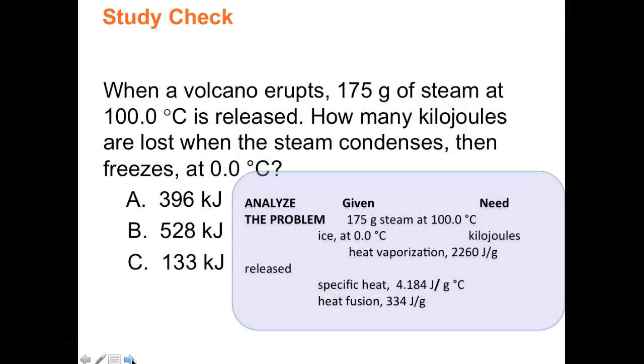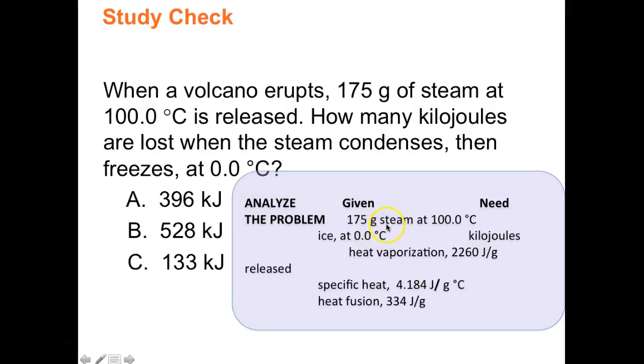Okay, in this study check, a volcano is erupting and you get 175 grams of steam at 100 degrees centigrade. How many kilojoules are lost when the steam condenses and then freezes at 0 degrees centigrade?